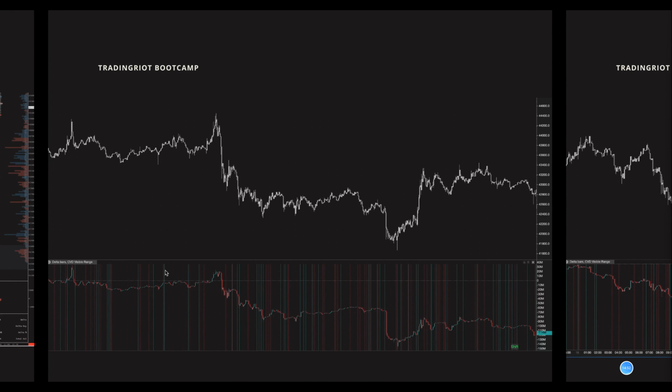To the downside, obviously, the things you want to be looking at are these large flushes of delta. Okay, you can see how much selling came into these lows, although the market did indeed go down, it's immediately starting to turn up. Okay, so these are the things you want to be looking at.